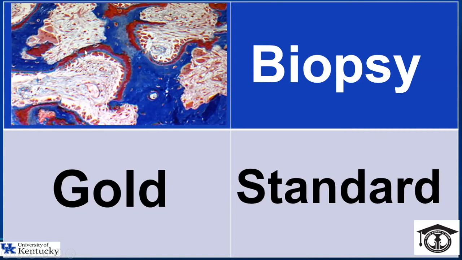This collagen is unmineralized, the red section here, and this is actually secreted or laid out by the osteoblast. Osteoblasts look like soldiers. They are lining up on the bone surface and they secrete this osteoid, which is unmineralized bone. Then calcium phosphate and hydroxyapatite come in and mineralize the bone, and now we have this blue bone, which is very mineralized.